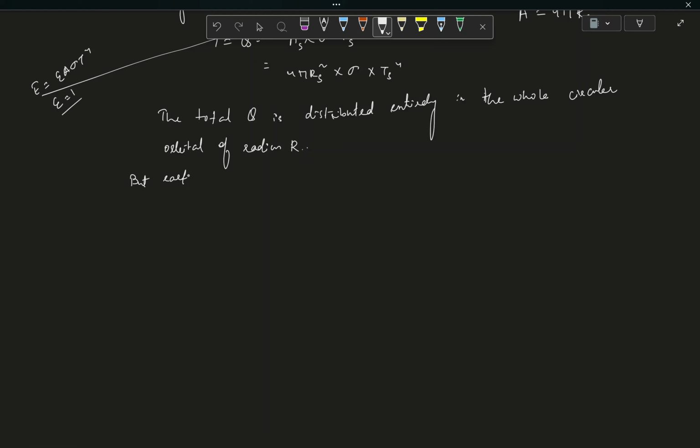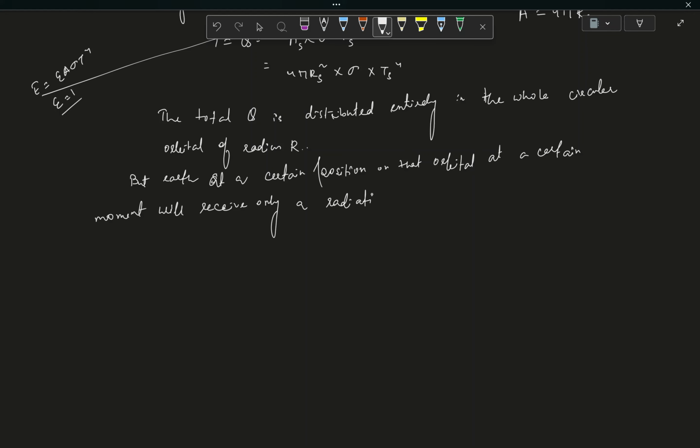But Earth at a certain position on that orbital at a certain moment will receive only radiation of Q divided by the total area of the orbital, 4 pi r squared, into the part that Earth is getting.